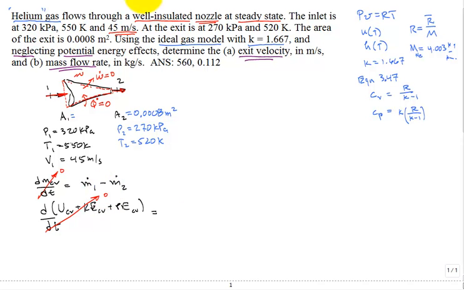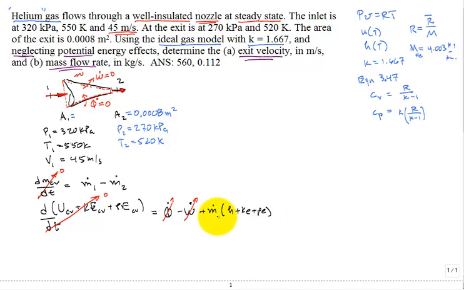Okay, but let's continue this equation for the general first law for a control volume. We have the Q dot coming in minus the W dot going out. Again, we just talked about those for this problem. It's well insulated, and because it's a nozzle, there's no shaft power in or out, just by what it is. Then we have our mass flow rate. We typically put mass flow rate in, bringing with it its enthalpy in, and kinetic energy in, and potential energy in.